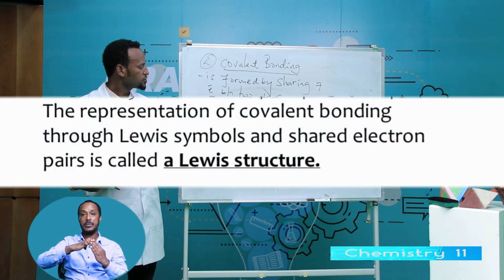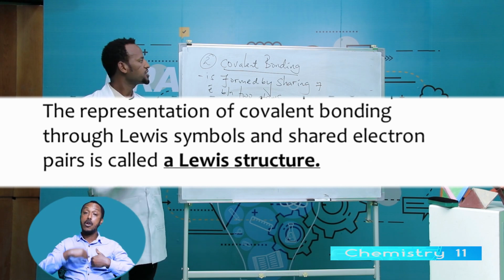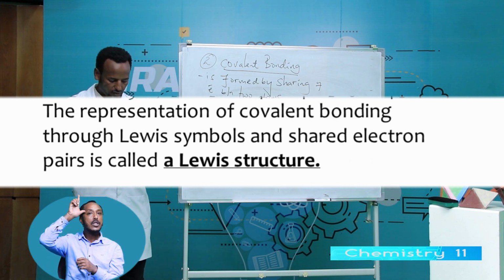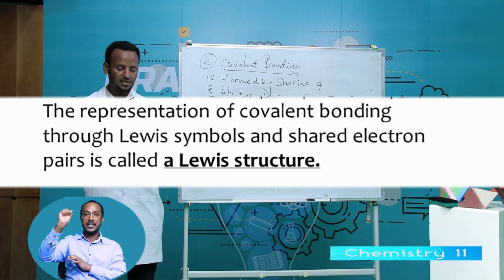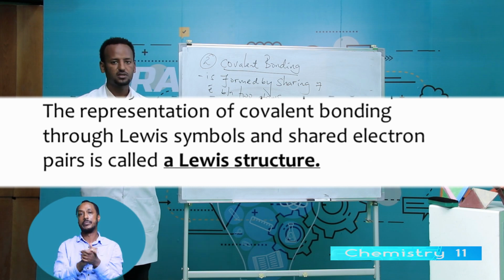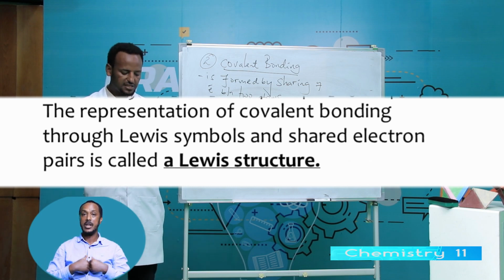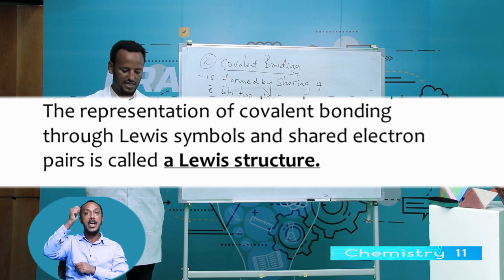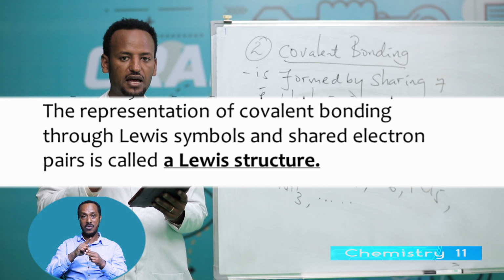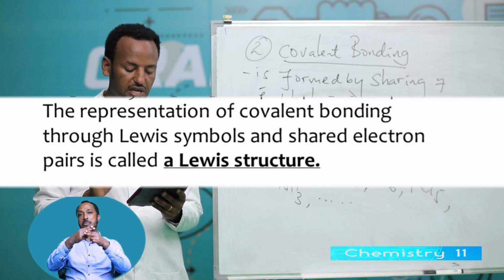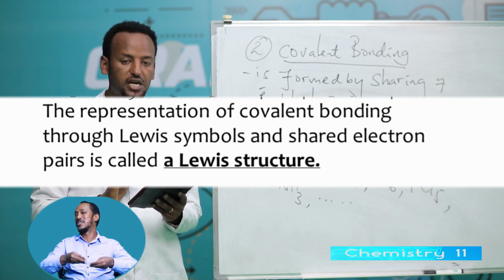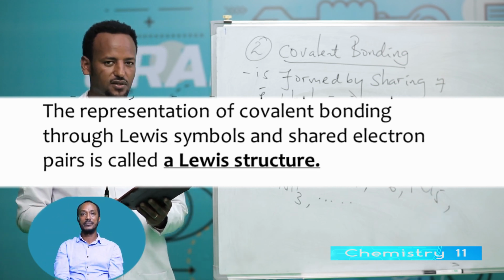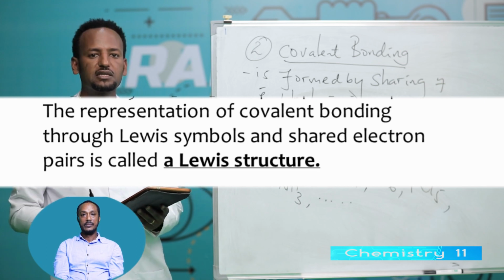And the representation of covalent bonding through Lewis symbols and shared electron pairs is called a Lewis structure. Look at some examples of Lewis structure.